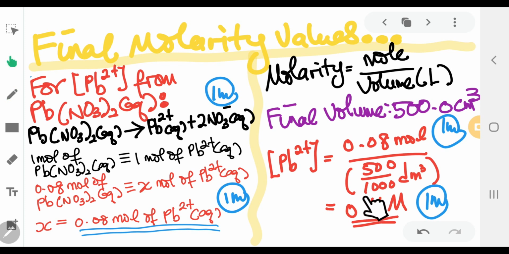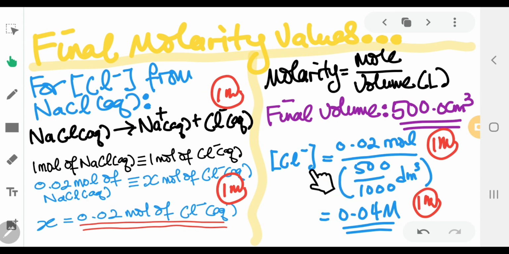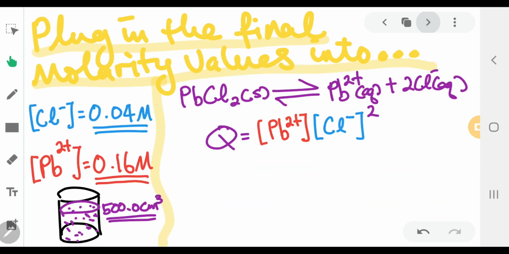We have found the concentration of Pb2 plus and also Cl minus. What we need to do now is plug in the final concentrations that we have got just now for Cl minus and Pb2 plus into the Q expression that we have right here.